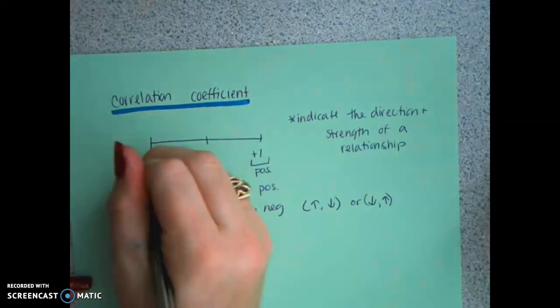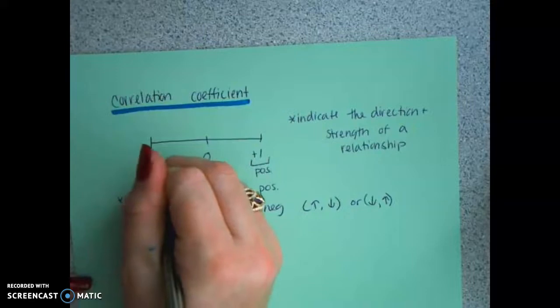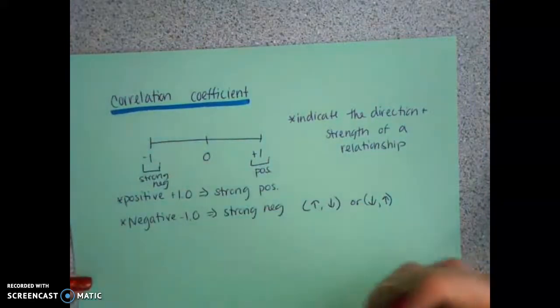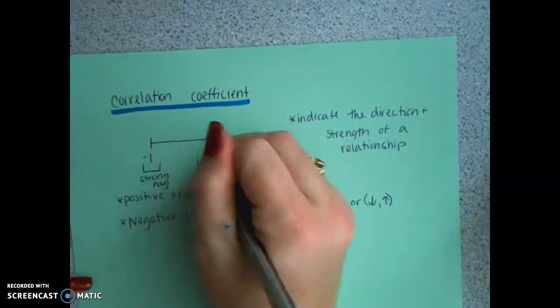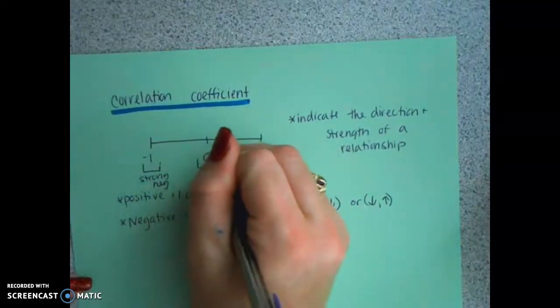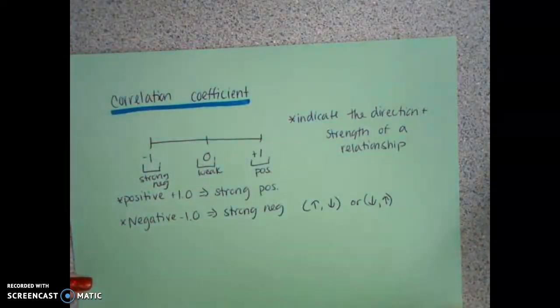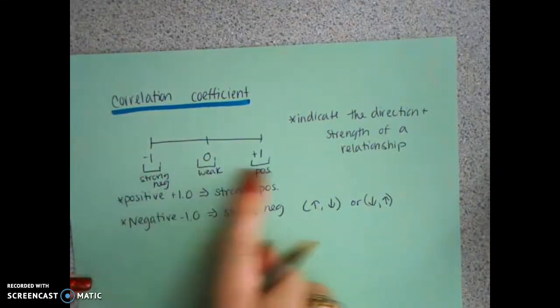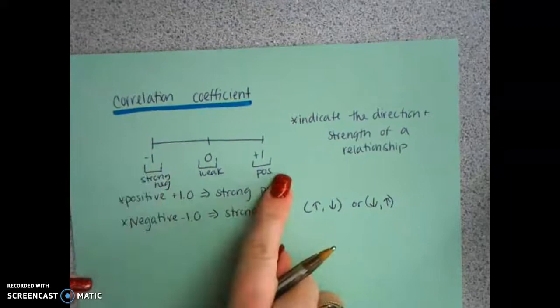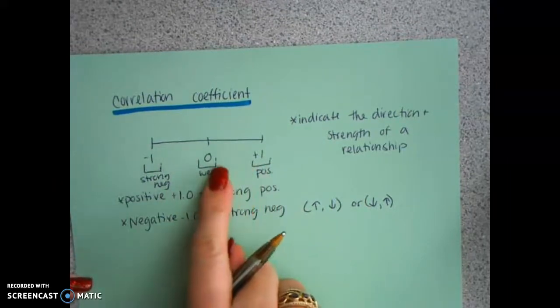So once again, this is a strong negative correlation. And then anything close to 0 or closest to 0 is going to be very weak, meaning that there is little to no relationship between those two variables. Okay, so all correlation coefficients are between -1 and 1. So if it's closer to 0, it's going to be very weak.